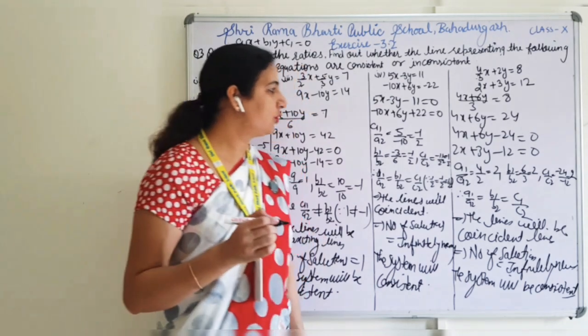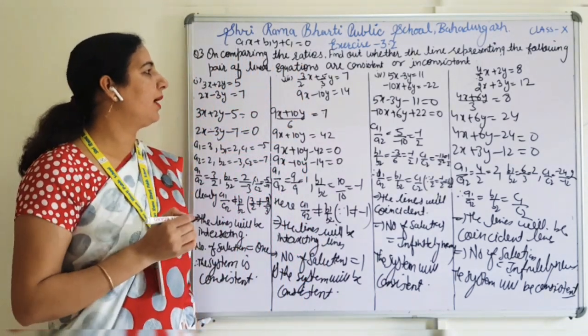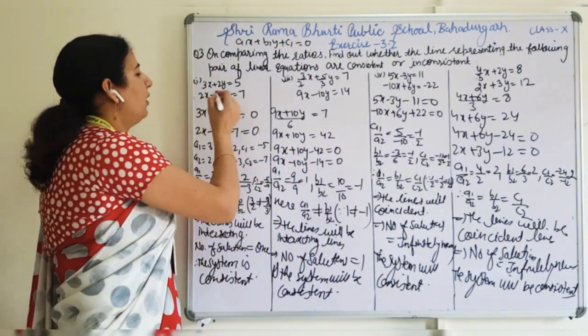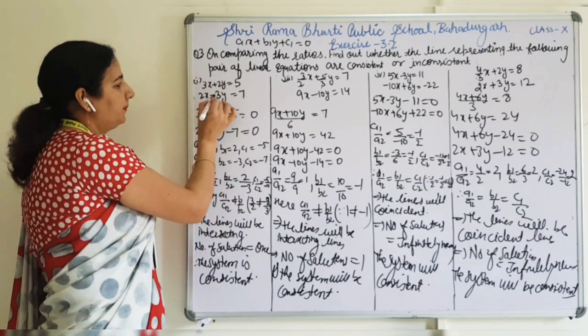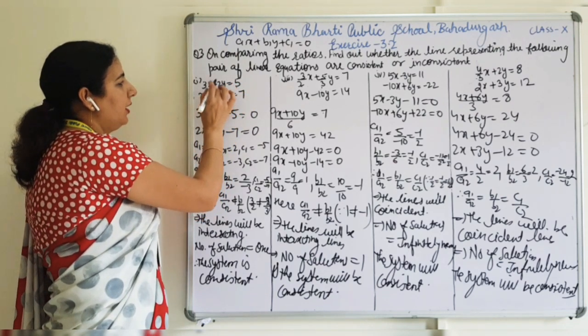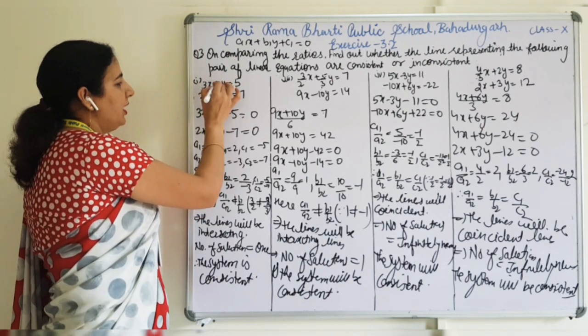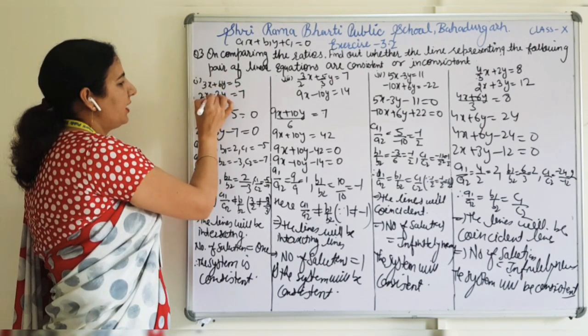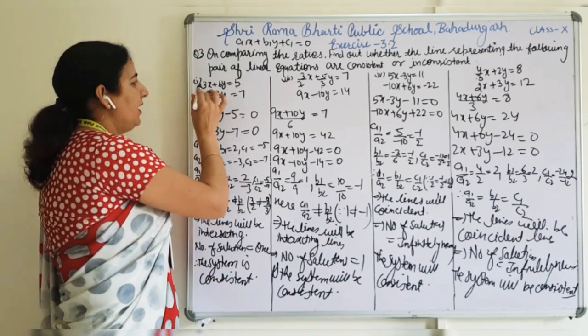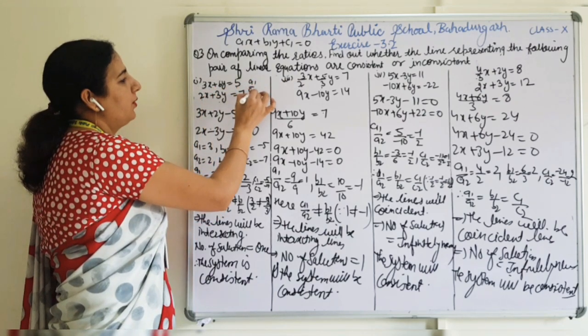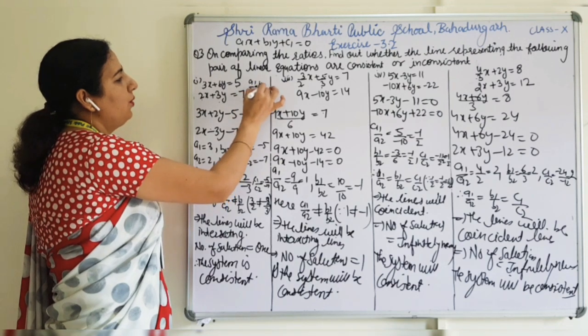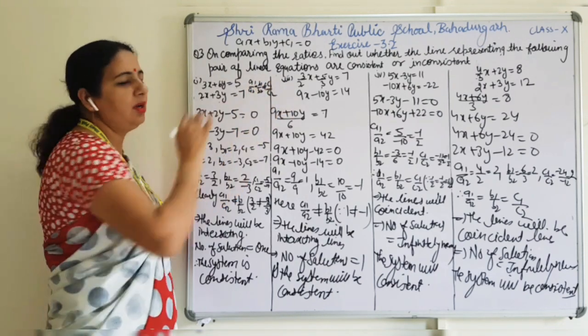Fine. When you solve its second part, you can solve it like this: if I take this question, instead of taking plus this one, let me make some changes. If I take it as 6 and this I take plus 3, then A1 upon A2 is equal to B1 upon B2 but not equal to C1 upon C2.